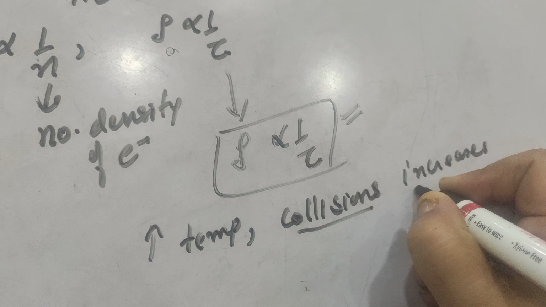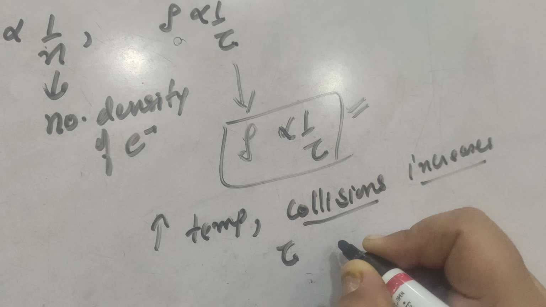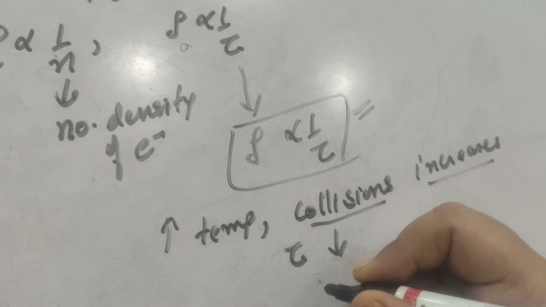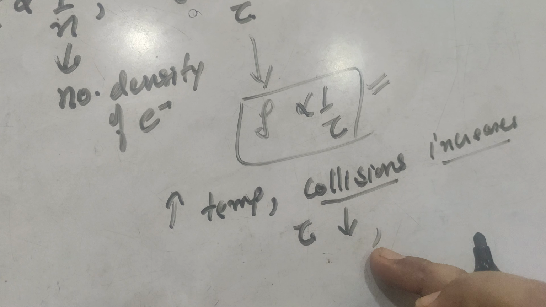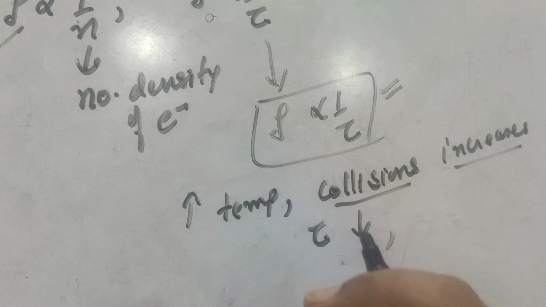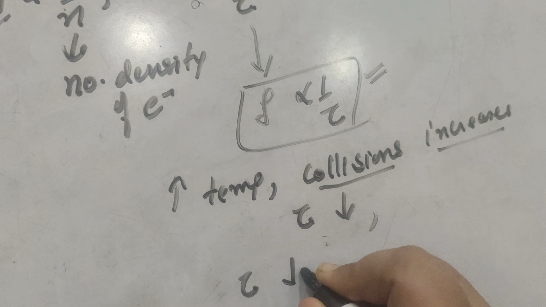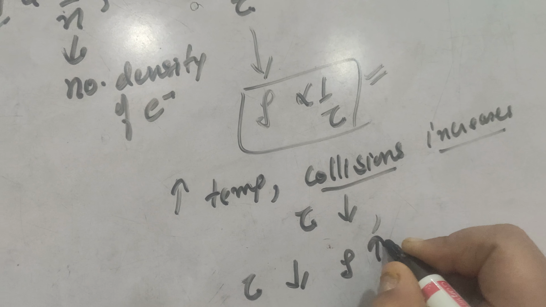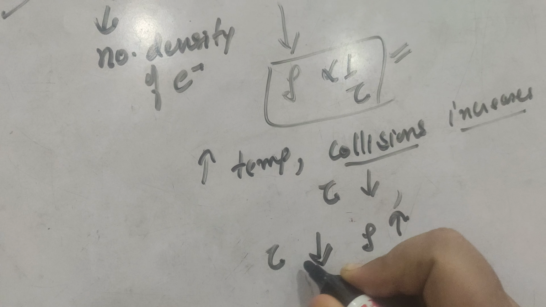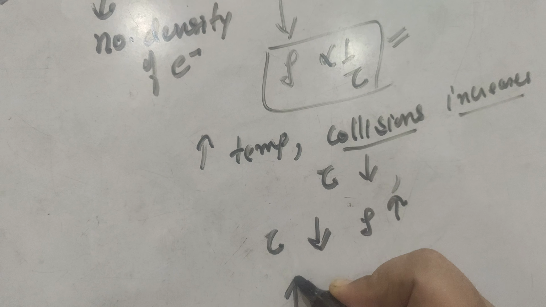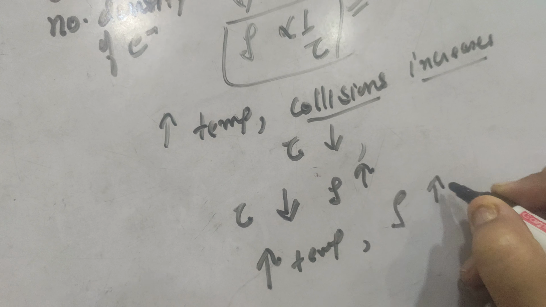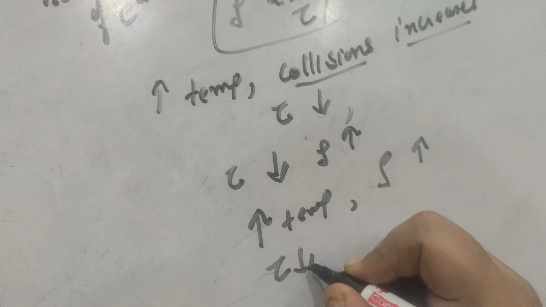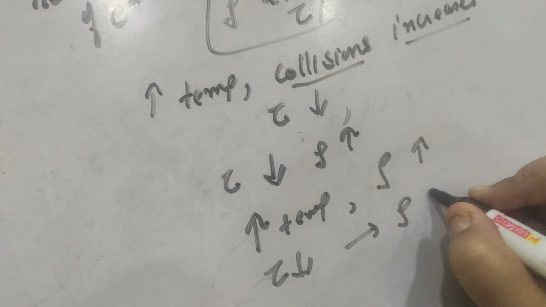right? When collisions increases, the relaxation time tau decreases because they collide more and more frequently. Tau decreases, it means resistivity increases. So as tau decreases, the resistivity increases. Therefore we can explain this in two ways, that on increasing the temperature, the resistivity increases, or on decreasing the relaxation time, resistivity increases.